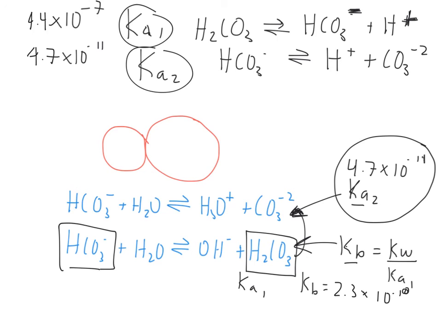Sorry, okay, so times 10 to the negative 8. So then trying to decide who's dominant, it's going to be a basic solution because you have a situation where your Kb is greater than your Ka for your amphoteric species in equilibrium in solution. Okay?